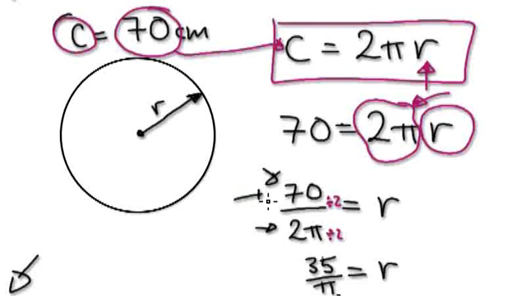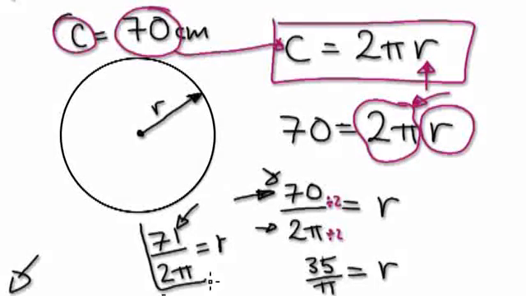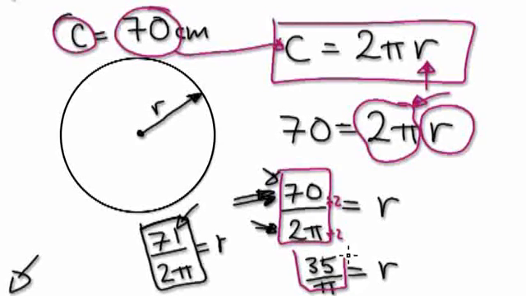If you get a weird number, like 71 over 2 pi, where it doesn't divide by 2 neatly, then just leave it as this. It's only because I can divide top and bottom by 2 that I do it here.